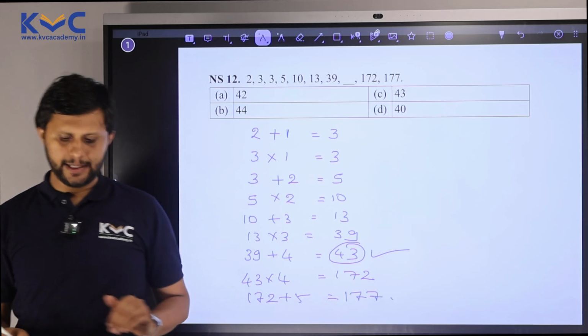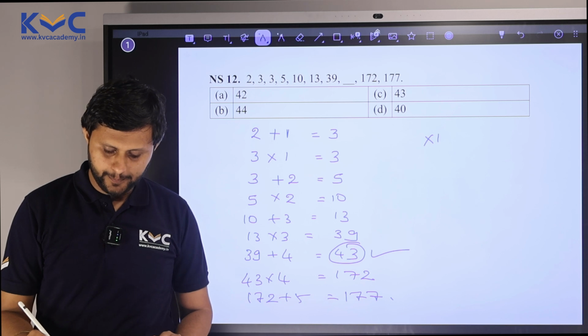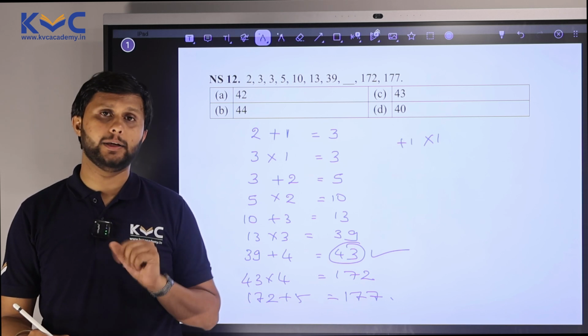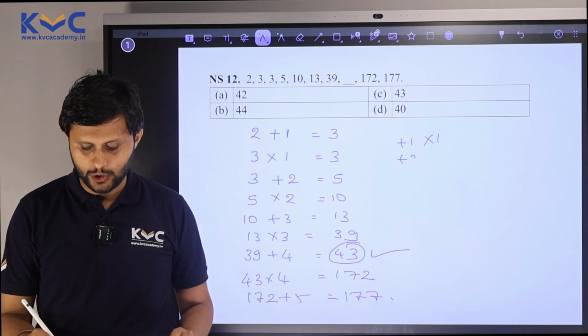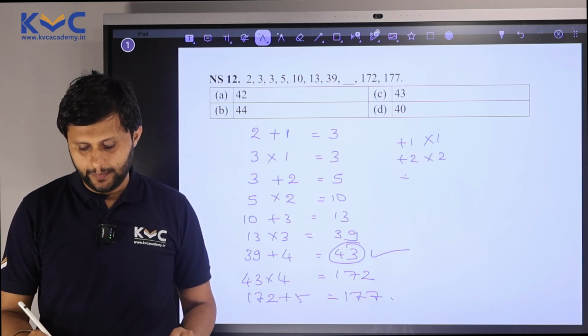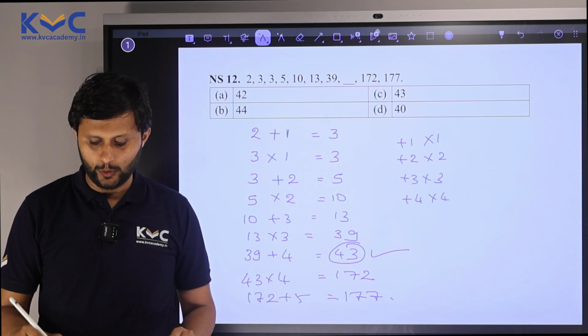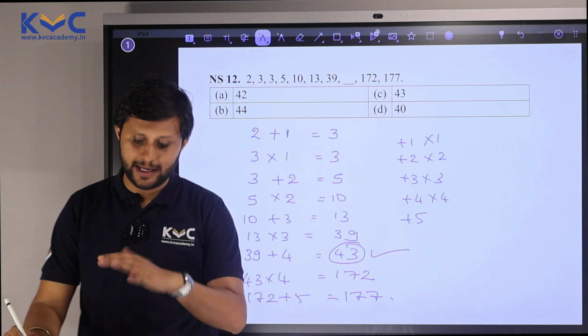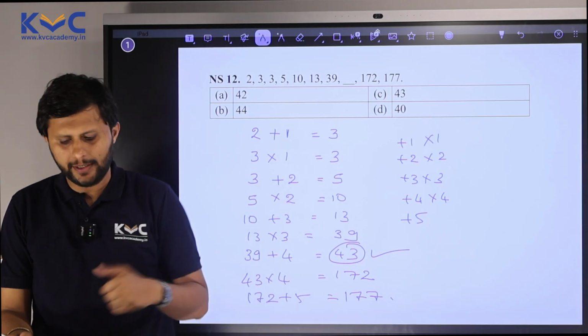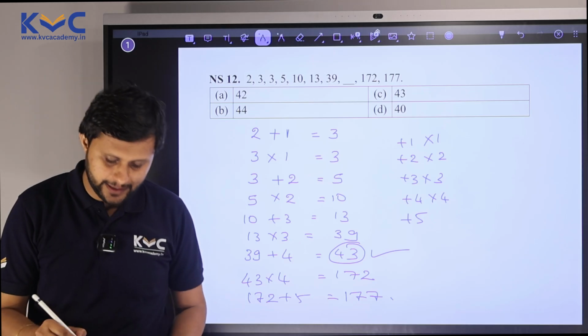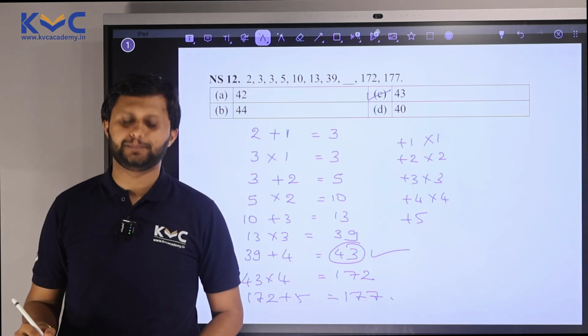So the logic is right. It was into 1, before that plus 1 into 1, and then it was plus 2 into 2, then we had plus 3 into 3, plus 4 into 4, plus 5 we reached, and that was the end of the series that is given. If we had to continue, it would have been into 5, but not required. We have the answer is 43.